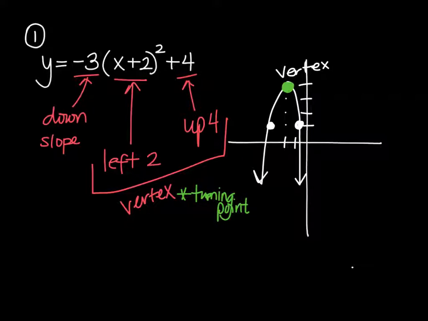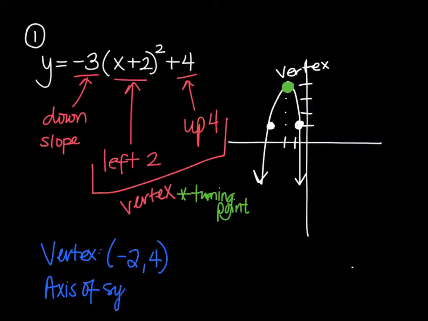Now the things that I want to add that we didn't talk about in class today is listing some important information. So the vertex, we're going to list it. And my vertex is a point, and it is at negative 2, 4. So we just list that as the ordered pair. You could even label it on your graph if you wanted to. Remember, the axis of symmetry is the line that runs down the middle of the parabola.